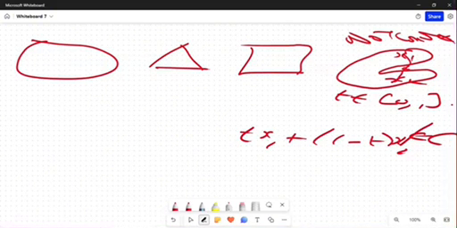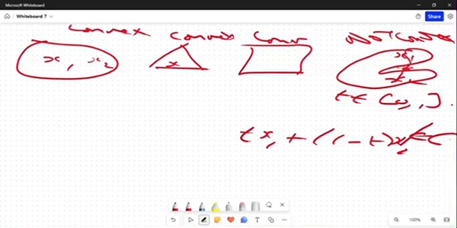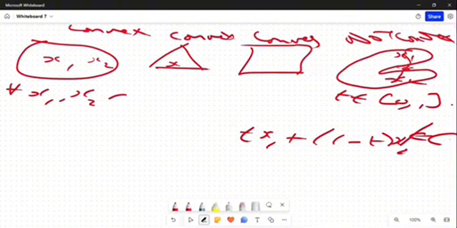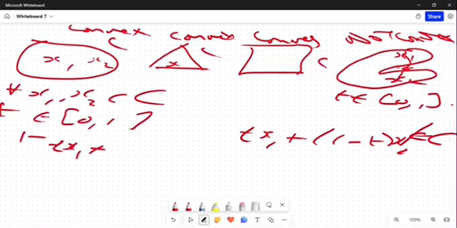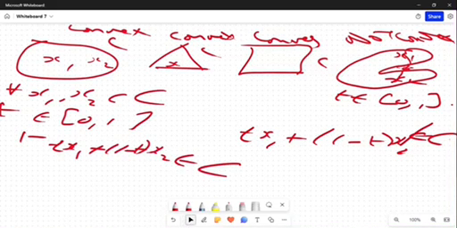But for this case, this one is also convex, because you see that for all x1, x2 in C and t in [0, 1], it follows that tx1 plus (1 minus t)x2 is in C, for all these cases.